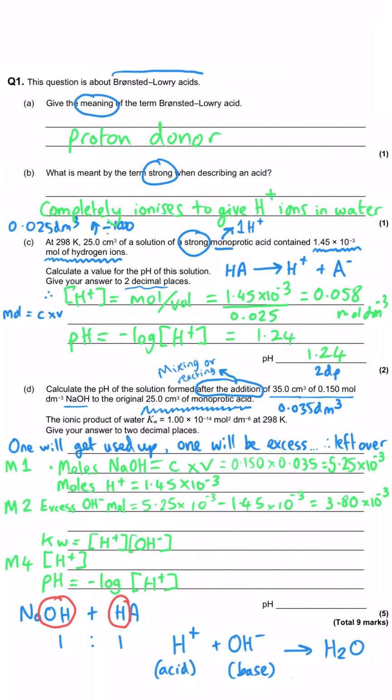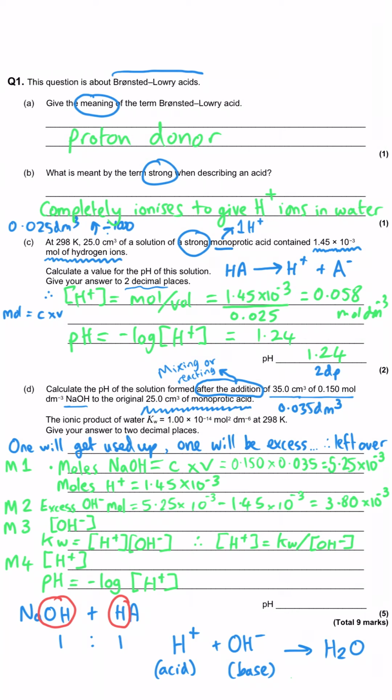And so that rearranges to give us the hydrogen ion concentration is Kw divided by OH minus, and we don't yet have OH minus. We have got Kw, but we've not got OH minus, which means the thing that we need to do next is work out what the OH minus concentration is.